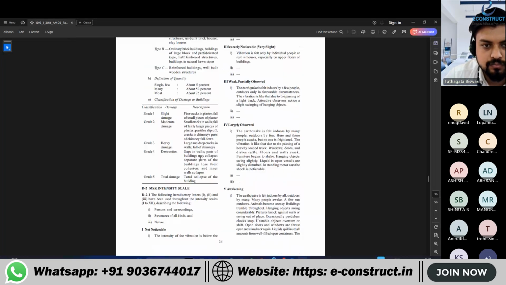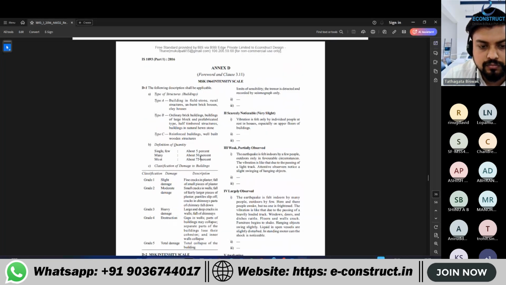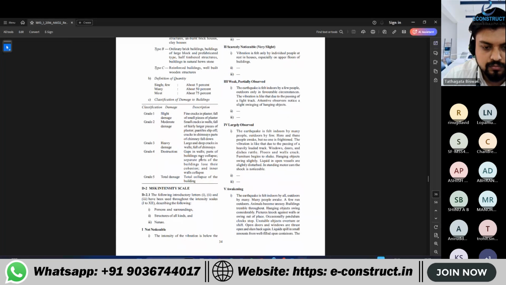MSK intensity scale. The following introductory letters, first, second, and third, have been used throughout the intensity scale 1 to 12, describing the following: persons and surroundings, structures of all kinds, and nature. First, not noticeable. The intensity of the vibration is below the limit of sensibility. The tremor is detected and recorded by seismograph only.